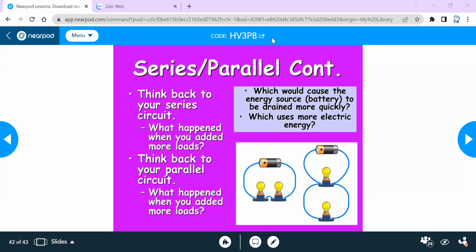So remember that everything depends on the battery. The more batteries you put, it may become brighter until the light bulb gets burned out. So if you want to add more light bulbs, you can try a parallel circuit instead of a series circuit, because the more light bulbs you add to a series circuit, the dimmer it gets.